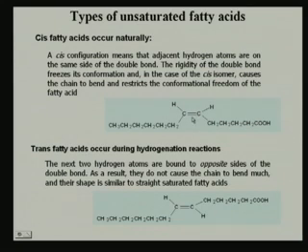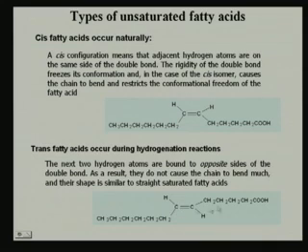In case of this trans fatty acid, the next two hydrogen atoms are bonded on the opposite side of the double bond. As a result, they do not cause the chain to bend much and their shape is similar to straight saturated fatty acid.